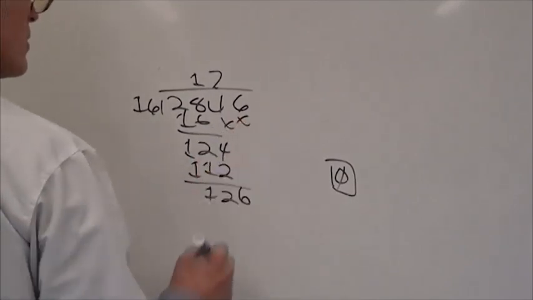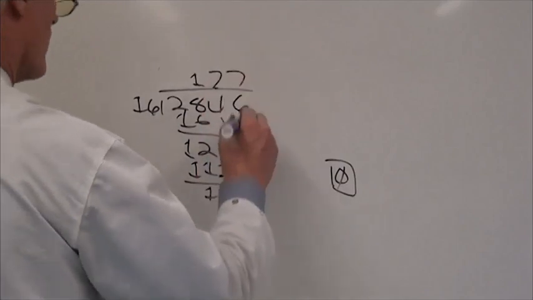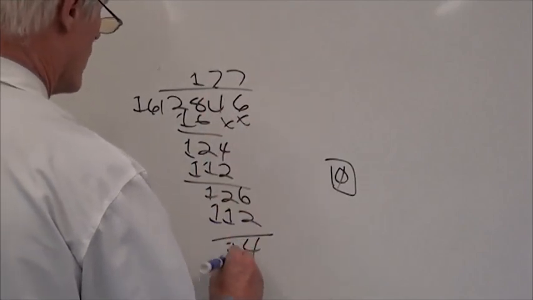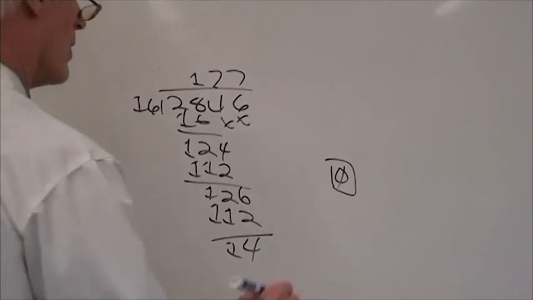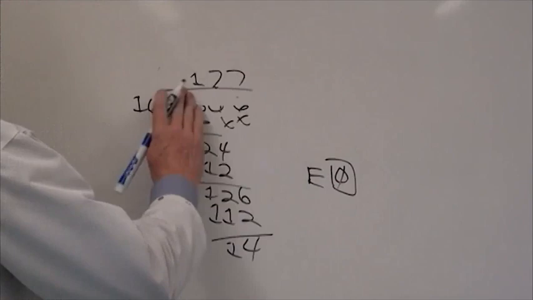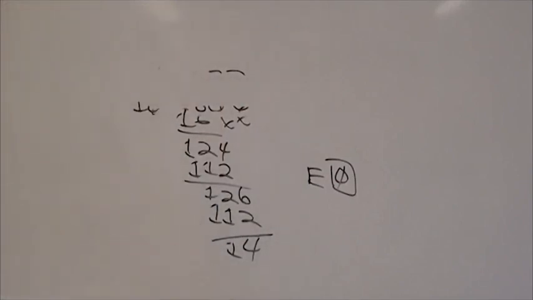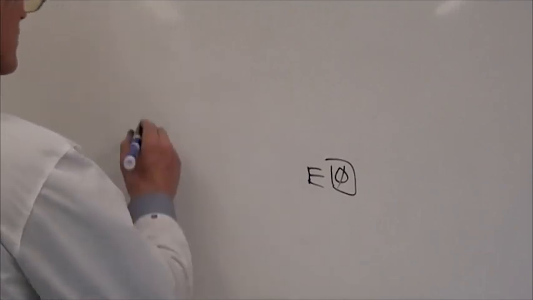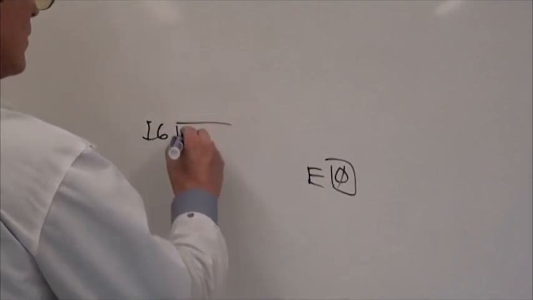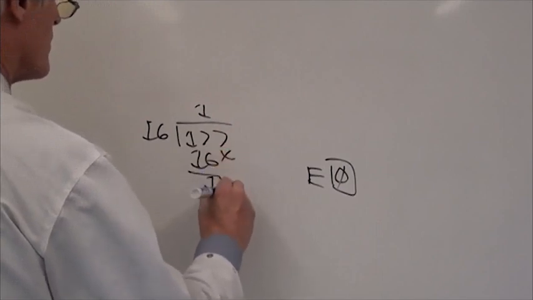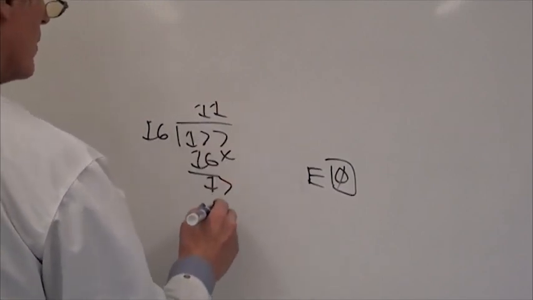And that's, let's see, that's again 7. So what we have here is that happens to be an E. Then we divide 16 into 177. And we're finished. That goes once. Bring down the 7. That goes once.